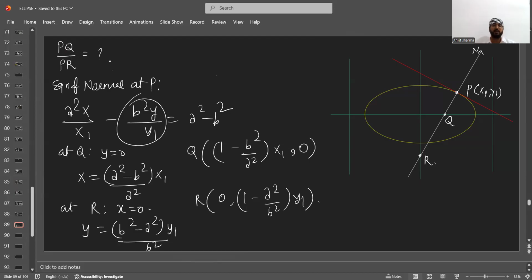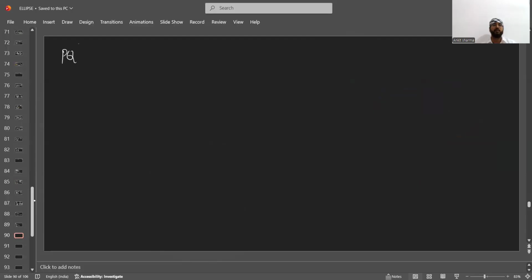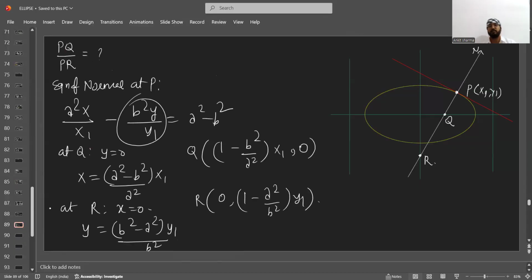Rather, what we do, we find out PQ square over PR square. So PQ square over PR square, I'll find out, so that I have to use the distance formula. So in the distance formula, I'll be having X, Q is here. So when I do PQ, I'll be writing here X1 minus this. So this coordinate can be even written further like this.